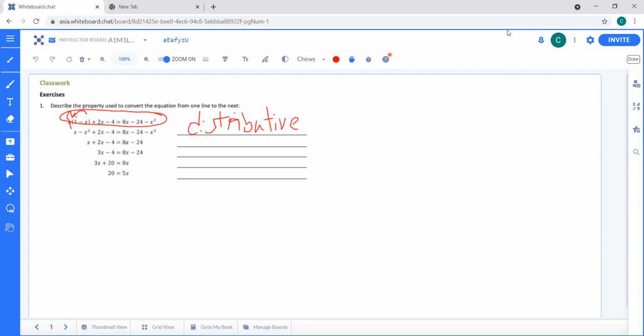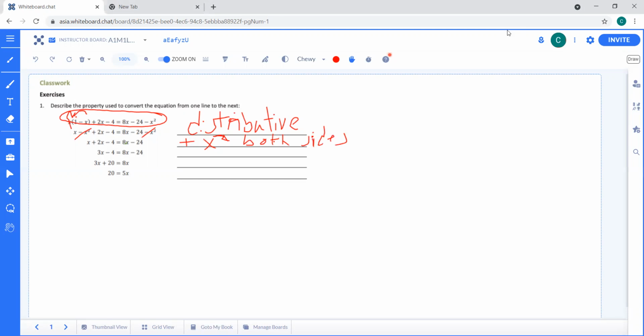They added a positive x squared to both sides, to cancel these out. So they plus x squared to both sides.